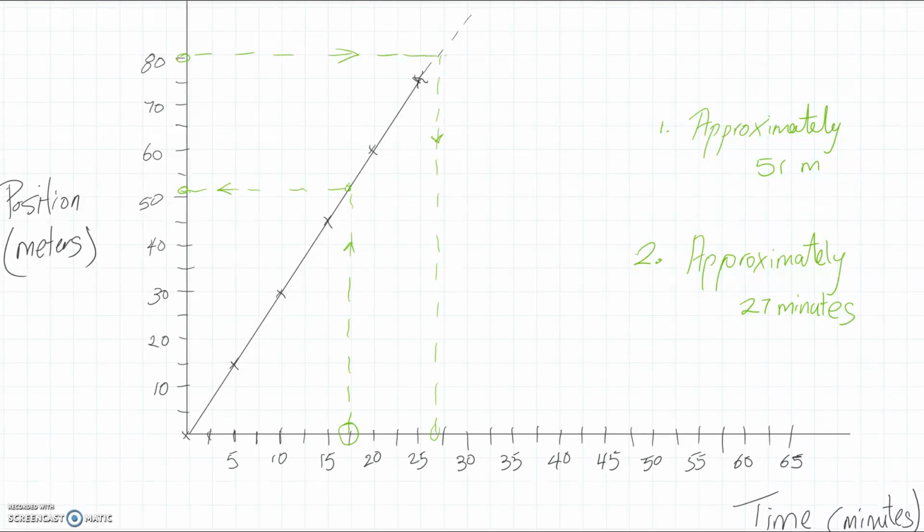And so that's how we use the graph to determine and answer questions concerning the graph, right? We can extend our trend line and find out other information, or we can find information within the graph.